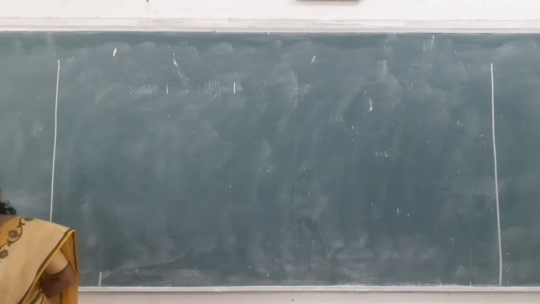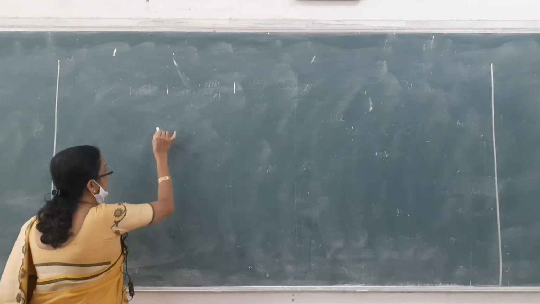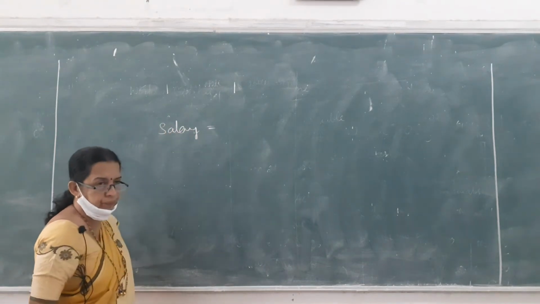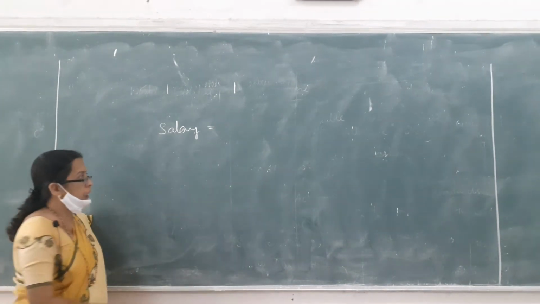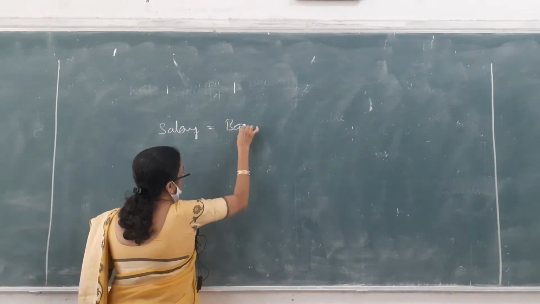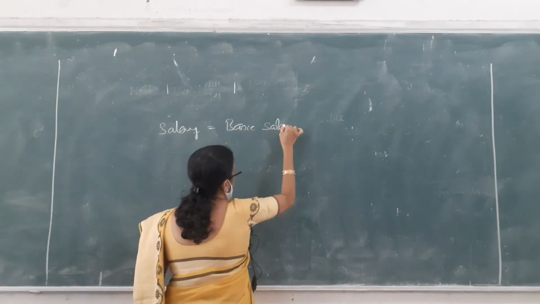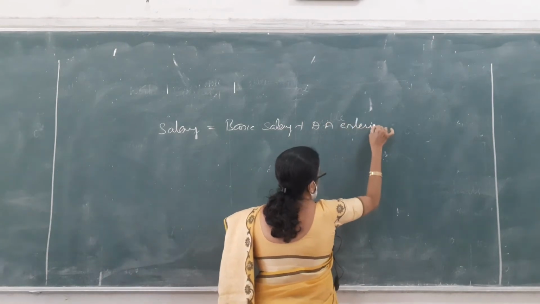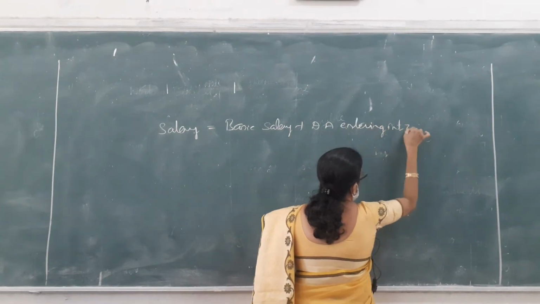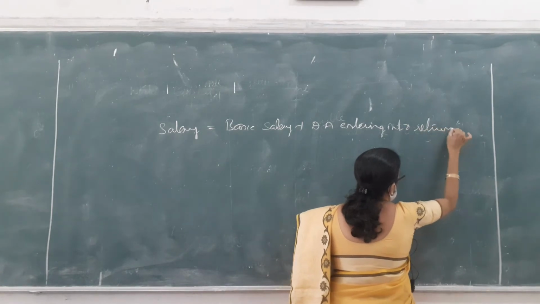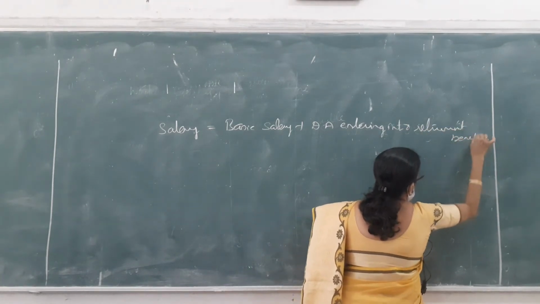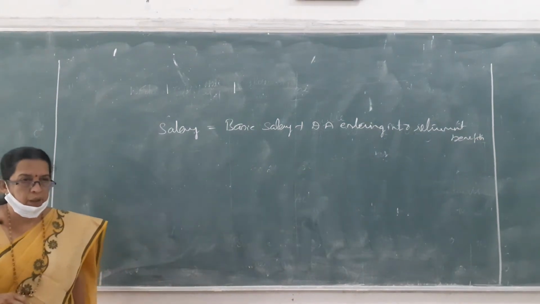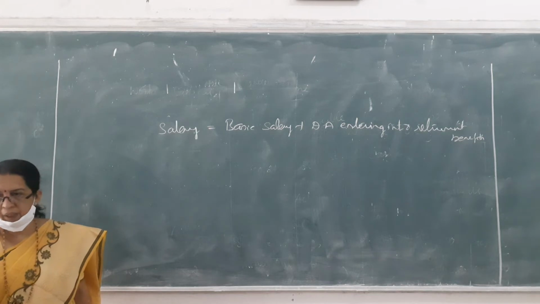Here take down salary is equal to basic salary plus DA entering into retirement benefits. In this problem there is no commission.